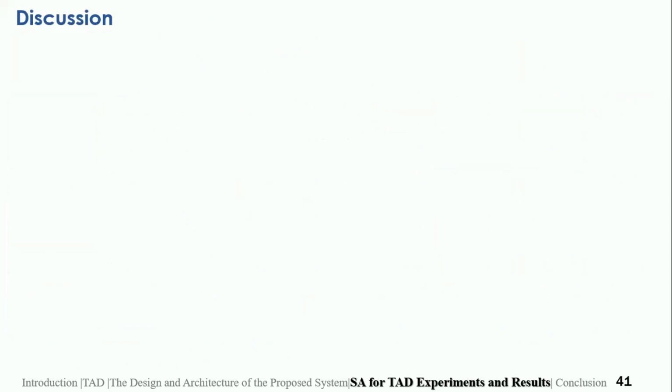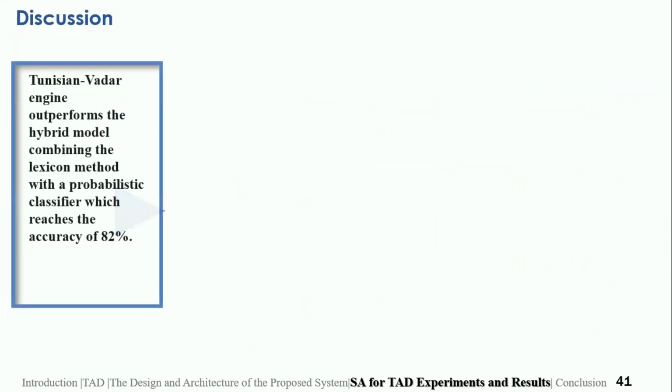If we want to discuss our results, we can see that the Tunisian VADER engine outperformed the hybrid model combining the lexicon method with a probabilistic classifier, which reached an accuracy of 82%.